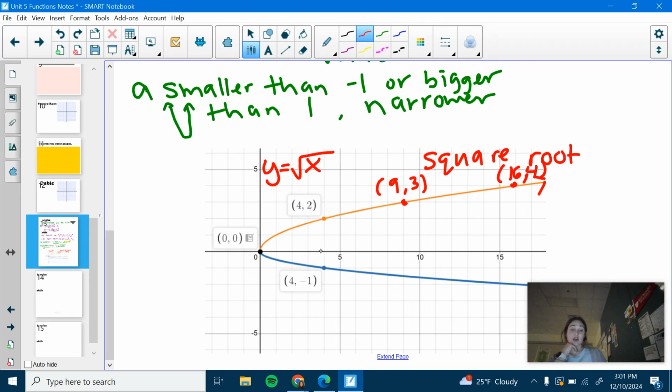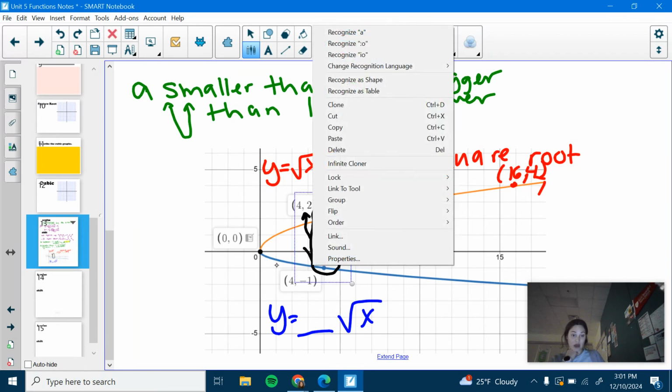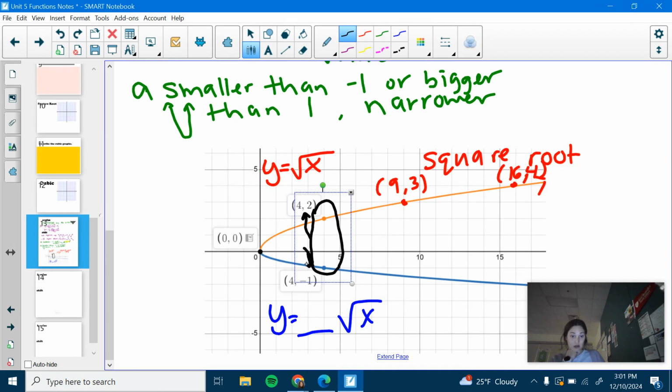Okay. Now the only thing I changed between the orange and the blue is the a value. So I know I'm going to have y is equal to something times the square root of x. Now if I look, I have an x value of 4 here, and I want to know what happened between these two to get an output of 2 and an output of -1. Well, let's think through this.